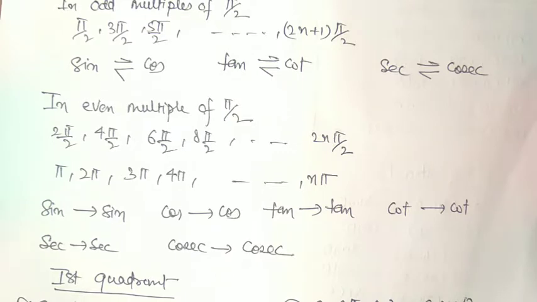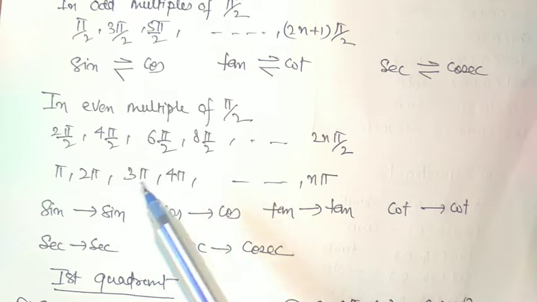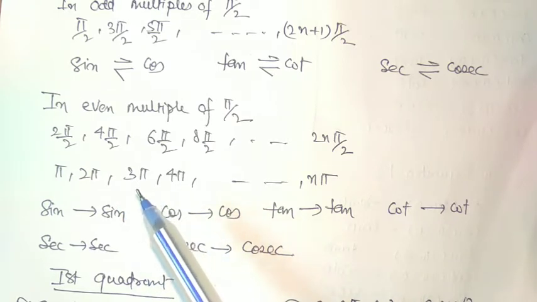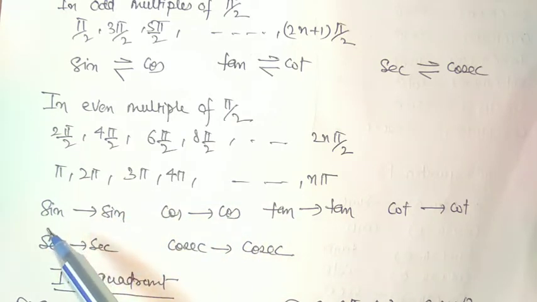But only changes will be in their sign, whether they lie in first quadrant, second quadrant, third quadrant, fourth quadrant. The value will be positive or negative based on the quadrant, on which quadrant its trigonometric function lies.